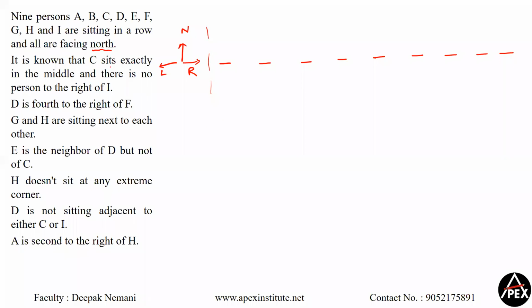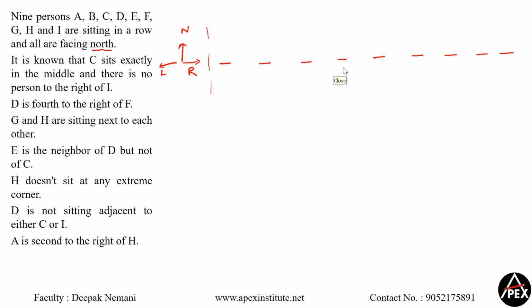Now we are given additional statements. It is known that C sits exactly in the middle. I expect that you have gone through all these statements. Now, with which statement should I start this set? Why am I starting with the first statement?